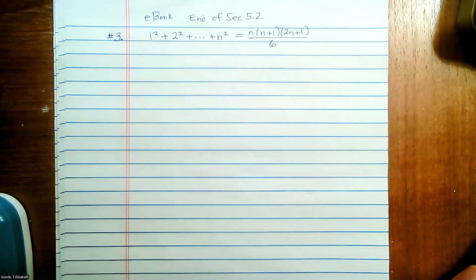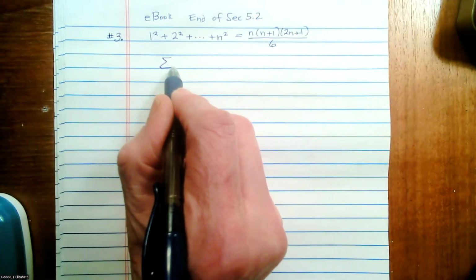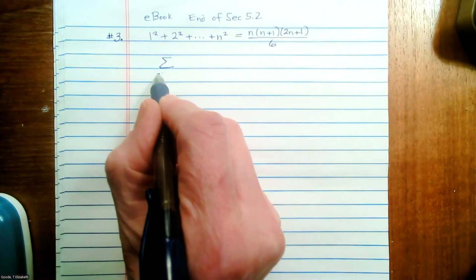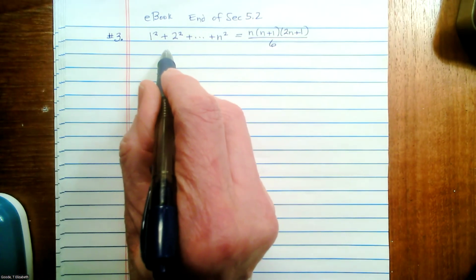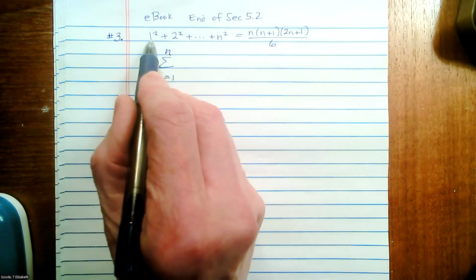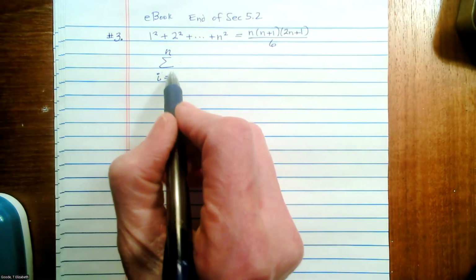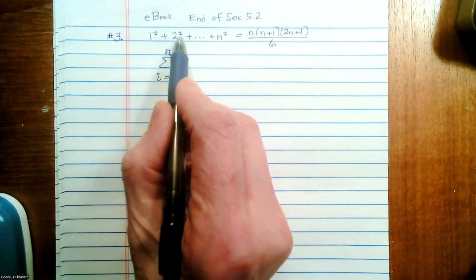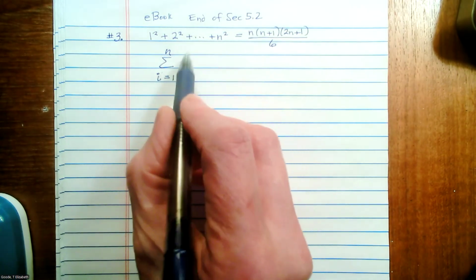All right, so this problem could be written with a summation formula because this is a sum. We can use i from i equals 1 to n. What's the expression for the term? 1 squared plus 2 squared plus 3 squared, keep on going up to plus n squared.